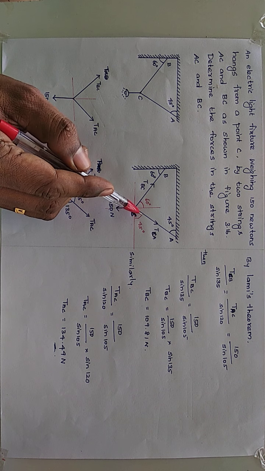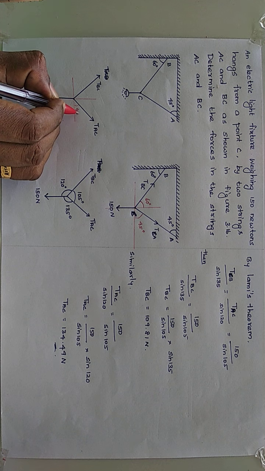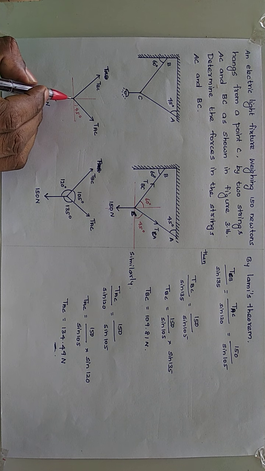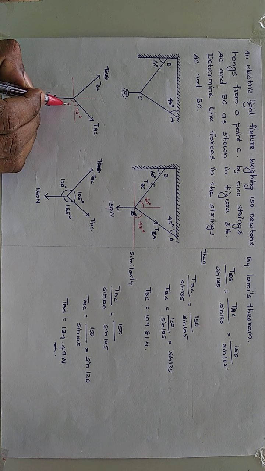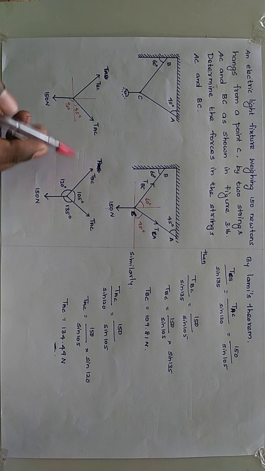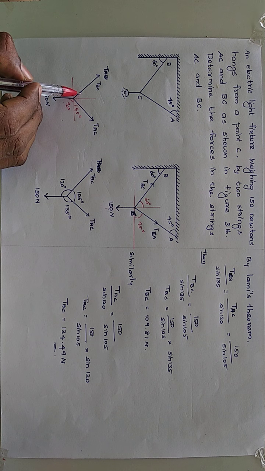So here this angle is 45 degree, right? What is this angle? This is a horizontal line, this is a vertical line. Between these, what is the angle? 90 degree. So the sum of these two angles, 90 plus 45, is 135 degree. Then this angle is 60 degree.